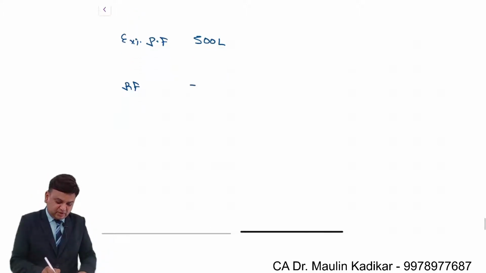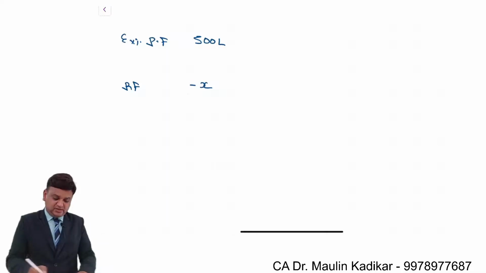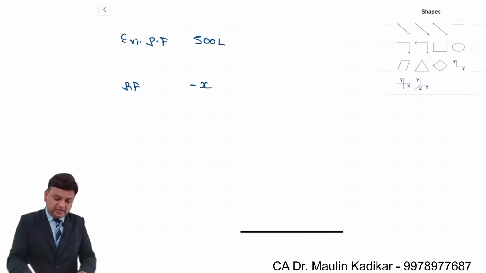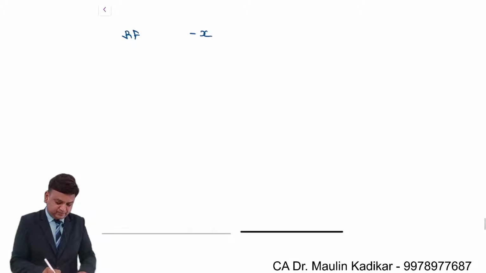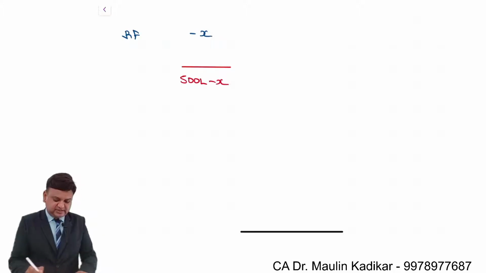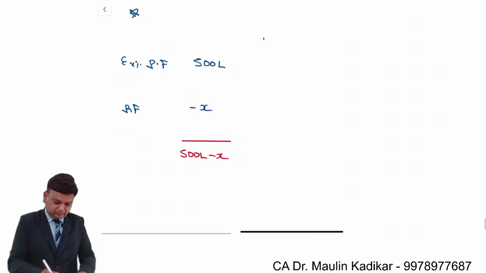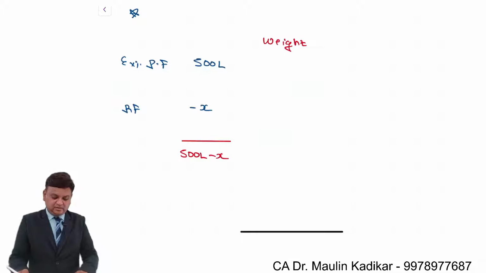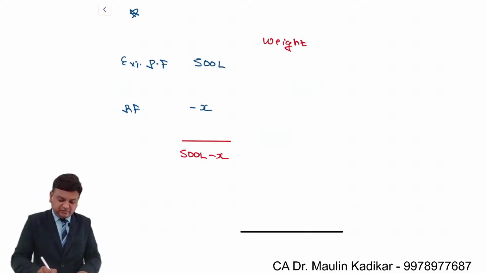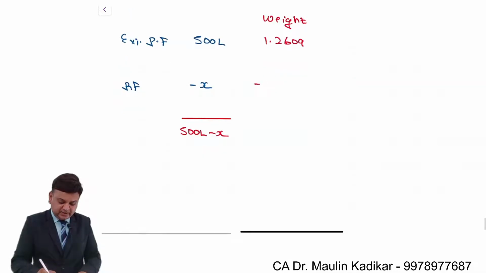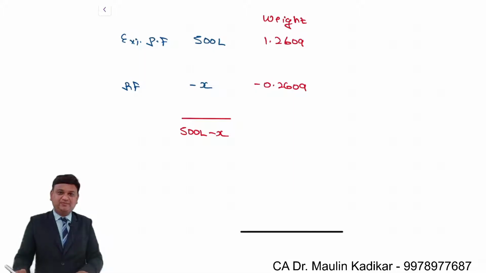Let us say that you have borrowed an amount equal to X. So your own investment will reduce to 500 lakhs minus X. Your weight, we know, friends, should be 1.2609 and this should be negative 0.2609.